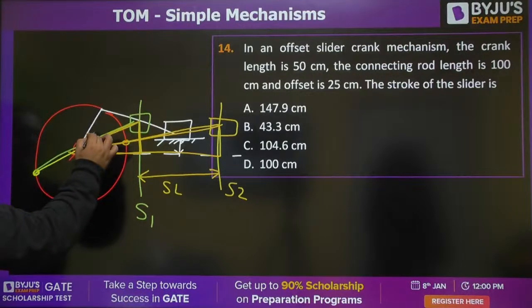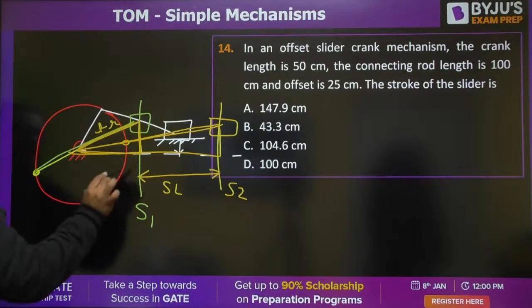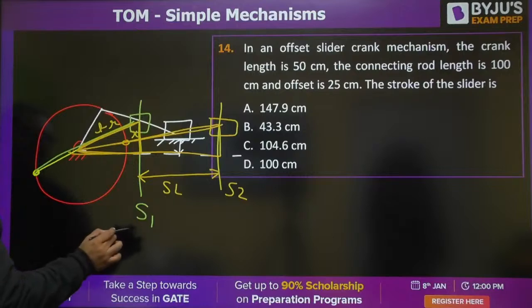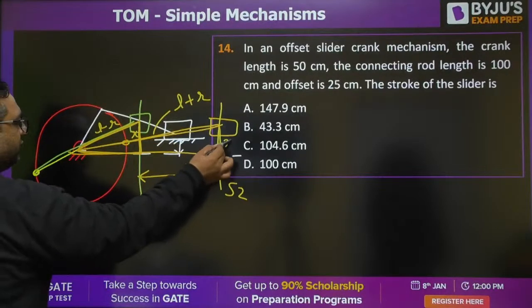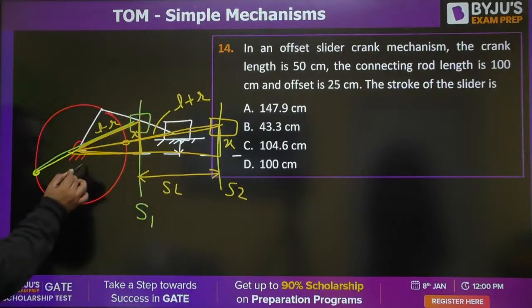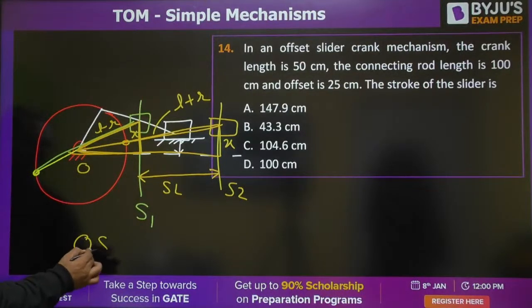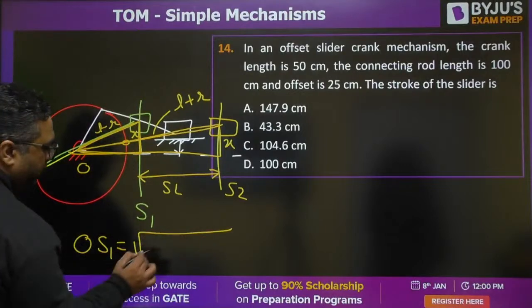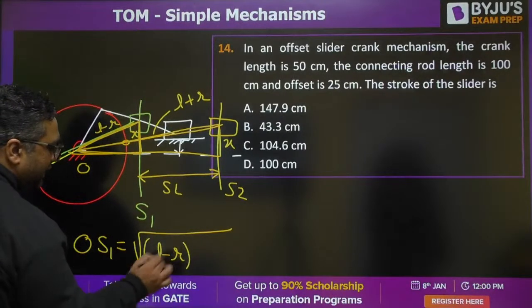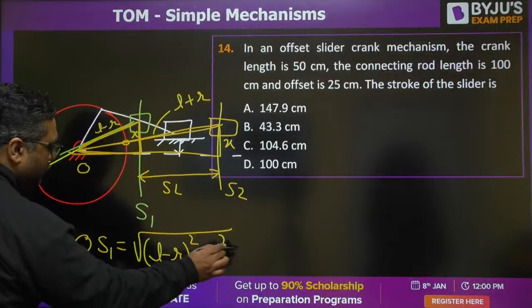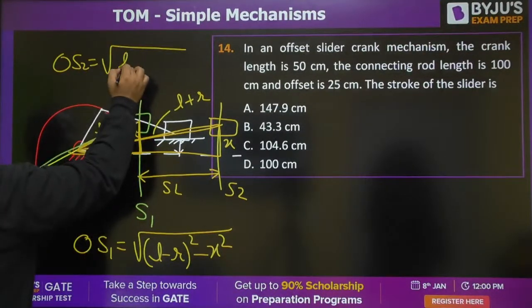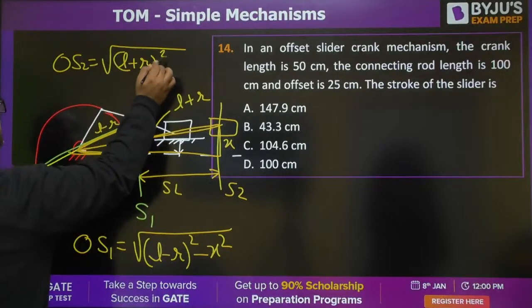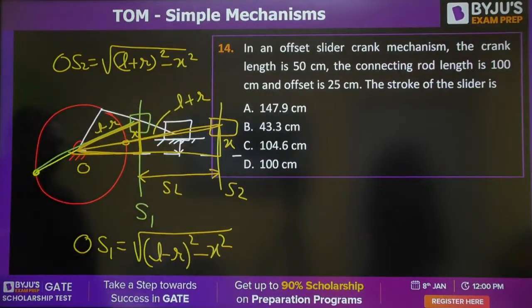This is L minus R, this is offset X, this is L plus R, this is offset X. So this is O. You can find OS1 equals square root of (L minus R) squared minus X squared. OS2 equals square root of (L plus R) squared minus X squared.